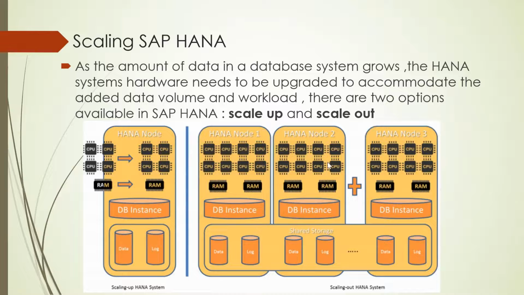So in scale out, we add the same size of hardware to the HANA system: the same amount of RAM, same CPU, same OS version, everything the same. We add it into the distributed environment. Adding a node to the distributed environment is called scale out.